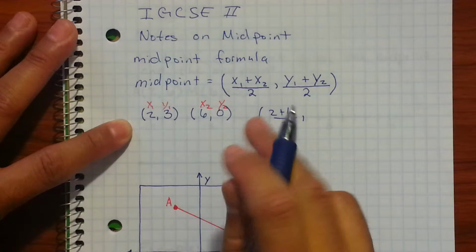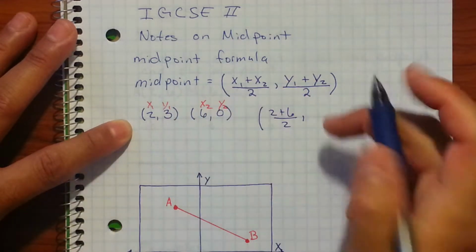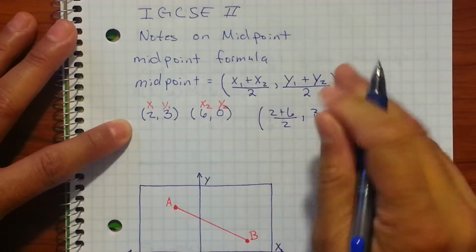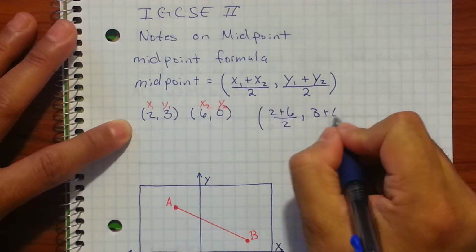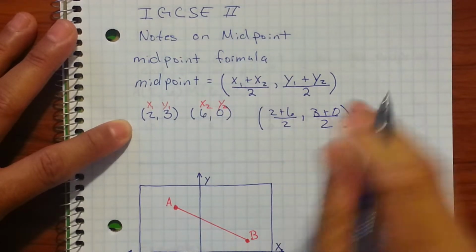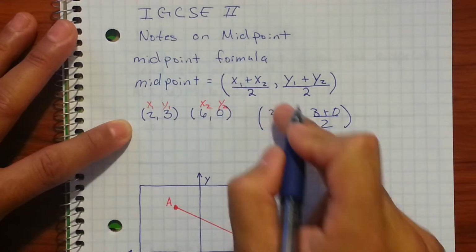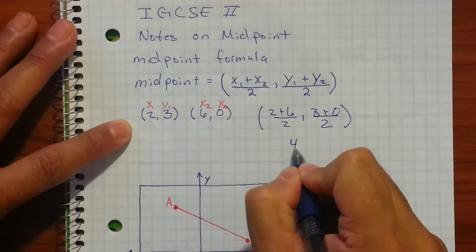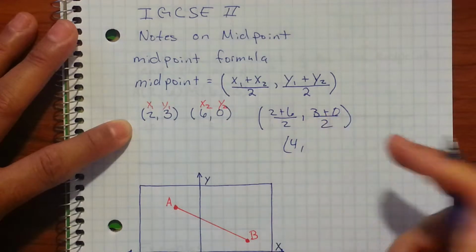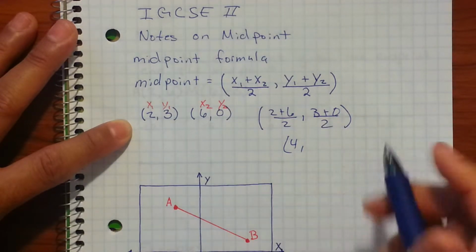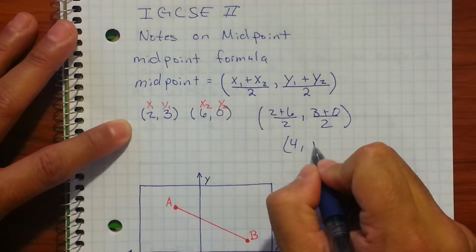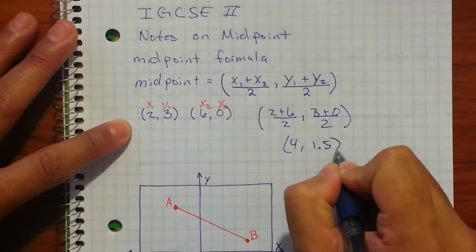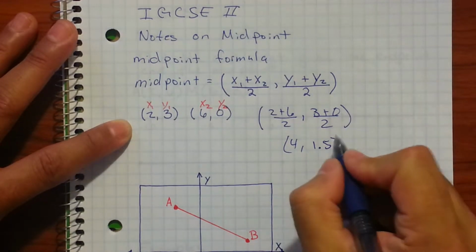Now the next one is y1, which is 3, plus y2, which is 0, all over 2. So that's going to give me 8 divided by 2, so 2 plus 6 is 8, divided by 2 is going to give me 4, and 3 plus 0 is 3, divided by 2 is going to be 1.5.